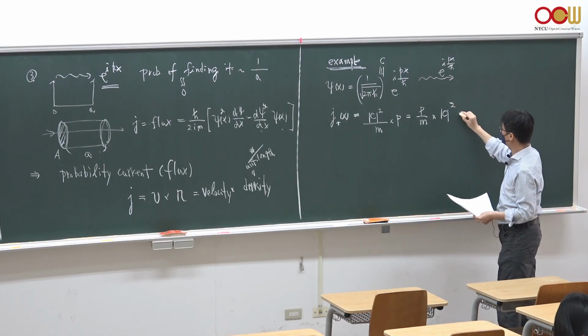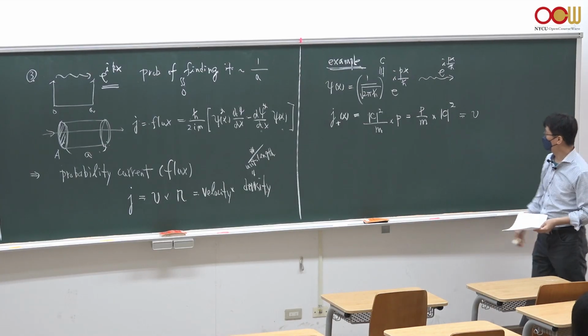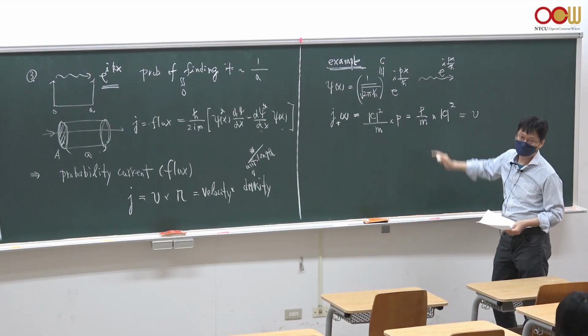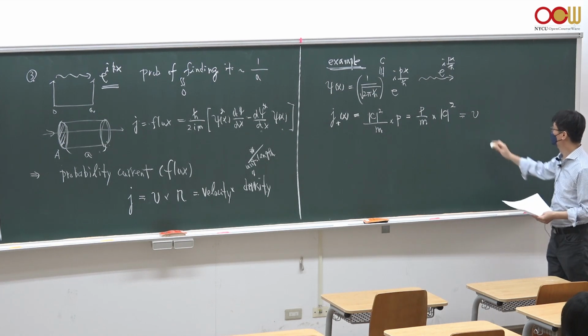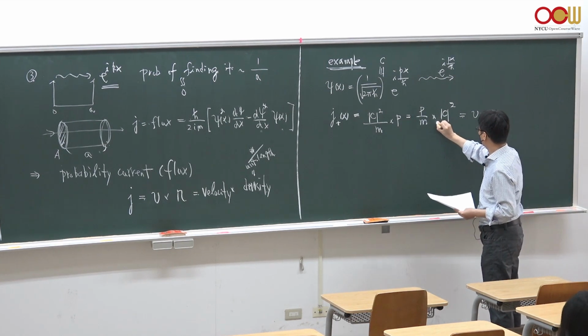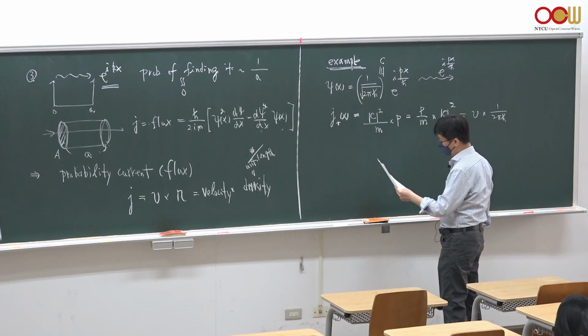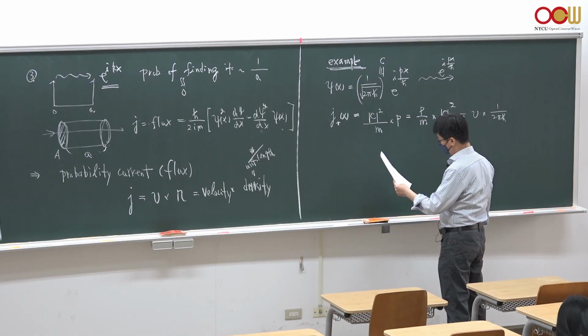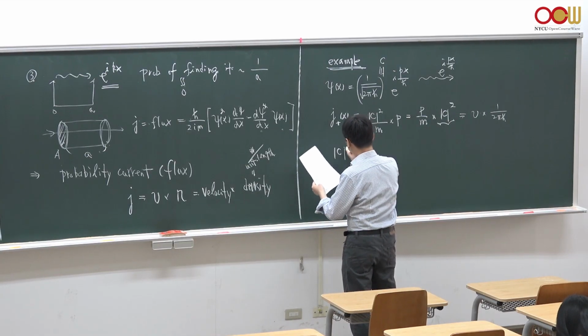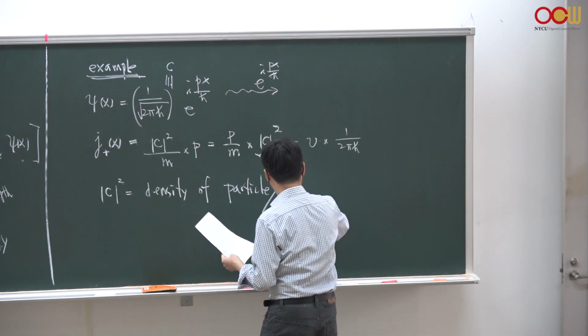What is p over m? p is your momentum and m is your mass, and momentum divided by mass is nothing but velocity, right? And as a result, what is the interpretation of C squared? C squared should be interpreted as the number density, the density of your particle per unit length.